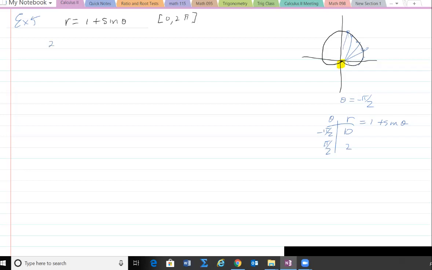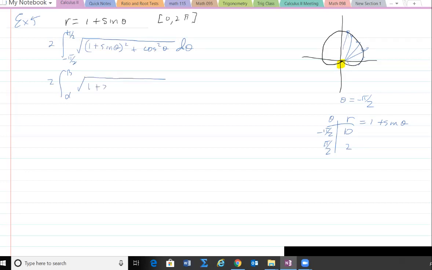So I'm going to take double the integral from negative pi over 2 to pi over 2, and now I need the square root. I need this quantity squared, and I need the derivative squared, so I need cosine squared. Okay, now let's see where this leads us. I'm going to write this as alpha and beta again, just to save a little writing.